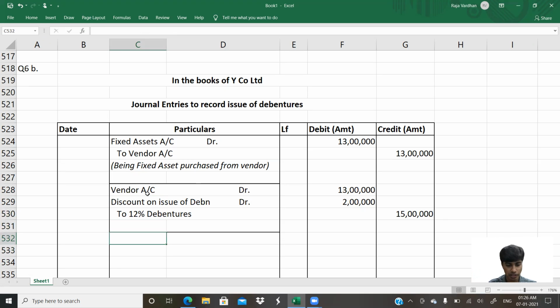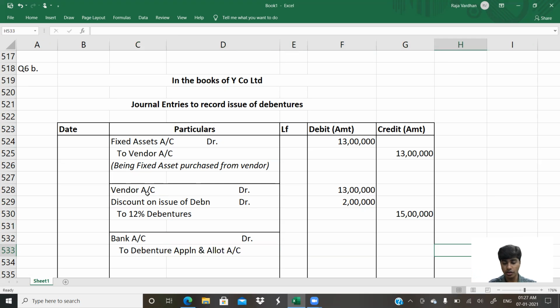First, you will receive the money. I'll write it as bank account debit. So what is it? I can write debenture application, but we are receiving the entire money in one shot. So I write debenture application and allotment account.